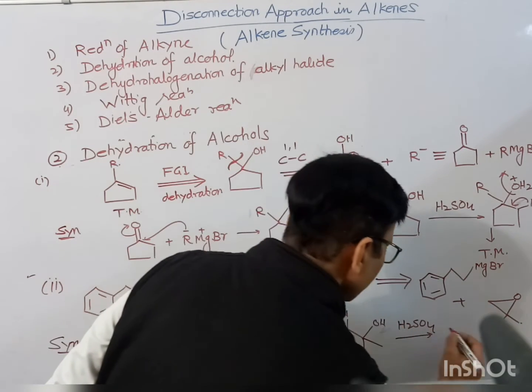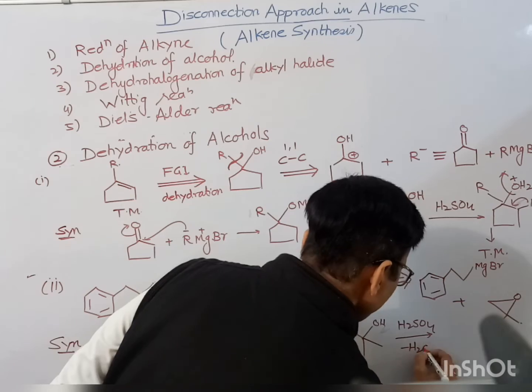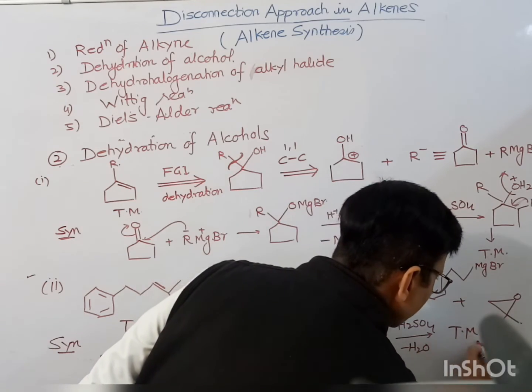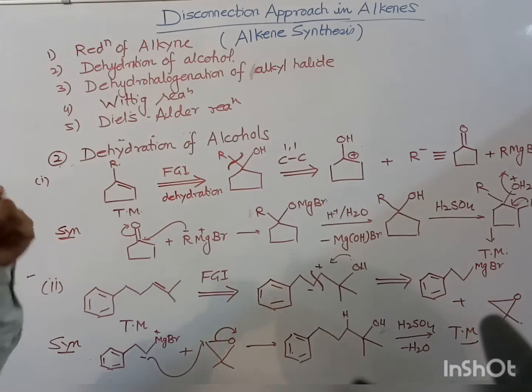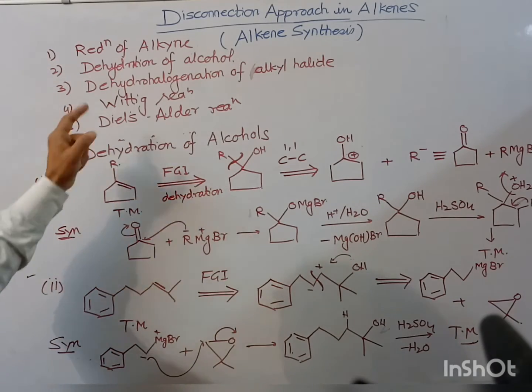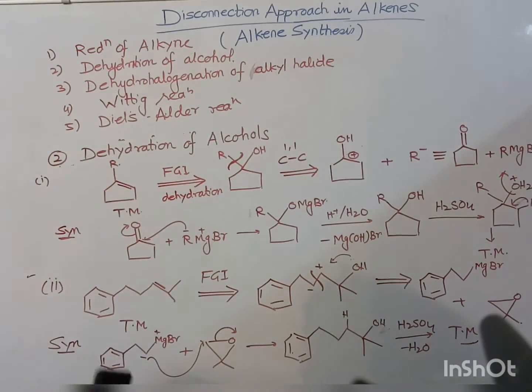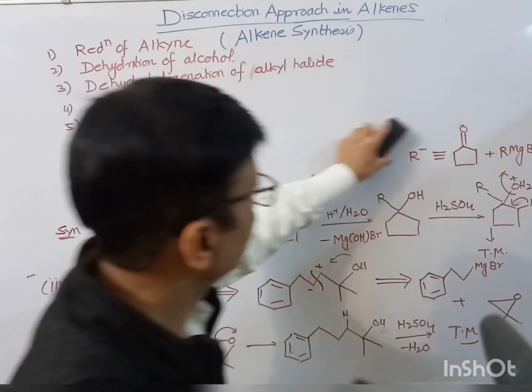Okay, so after this, you can write as above. Clear? So now the next pathway is via dehydrohalogenation of alkyl halide.